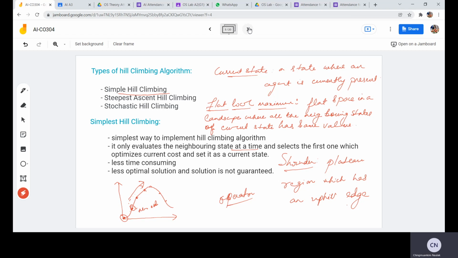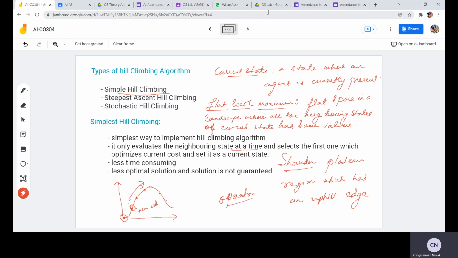Let me give an overview of what simple hill climbing is. As I have just said, hill climbing is a technique or an algorithm that is used to find the best solution, the peak of the solution.